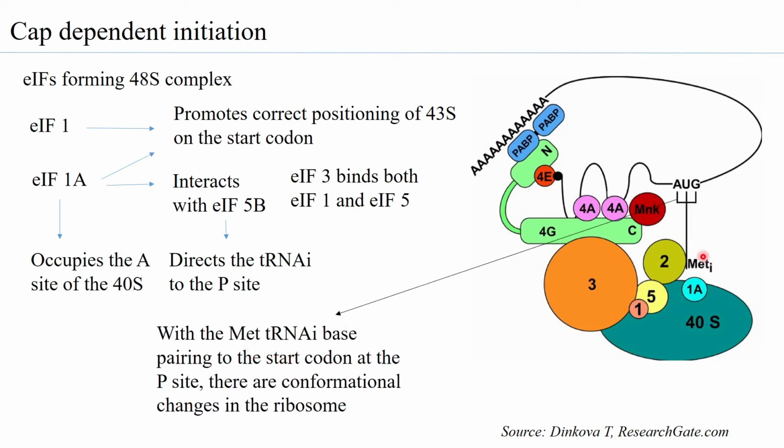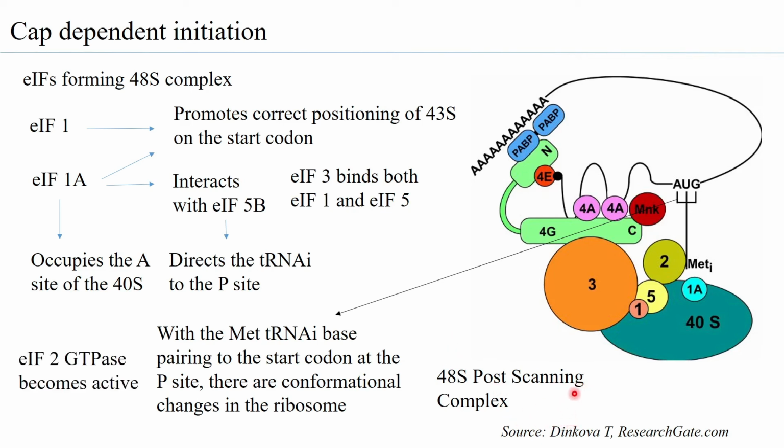Now when the met tRNA base pairs to the start codon at the P site, there are very distinct conformational changes in the 40S subunit. And those conformational changes are considered to be the 48S post-scanning complex. And interestingly, eIF2 GTPase. So we all know that eIF2 that is bound to GTP has an inherent GTPase activity.